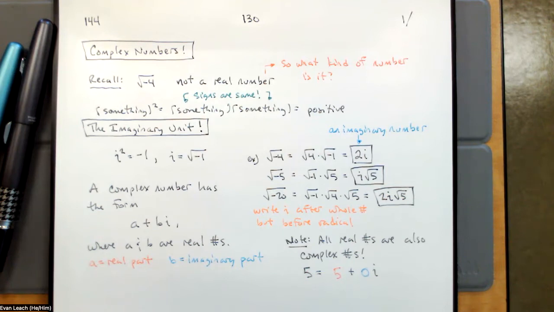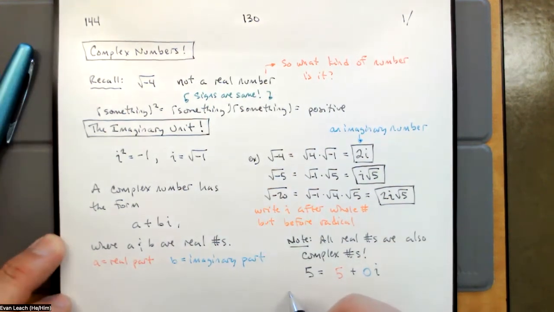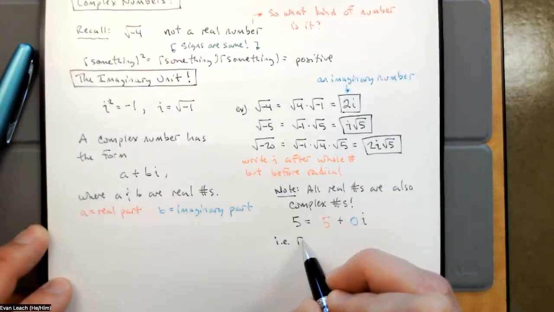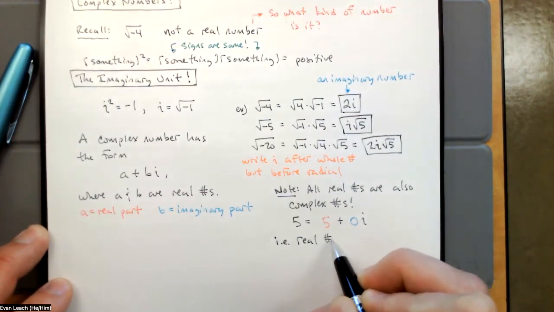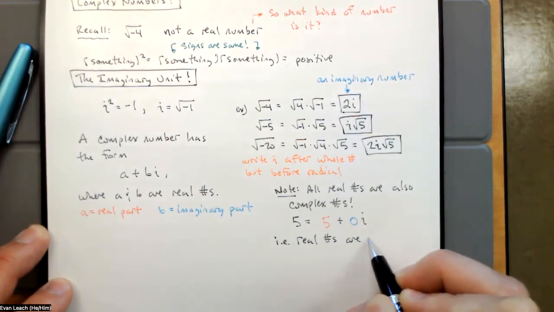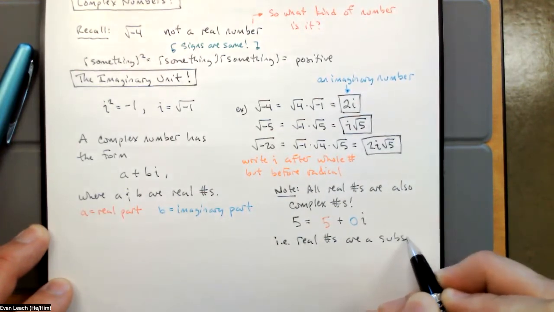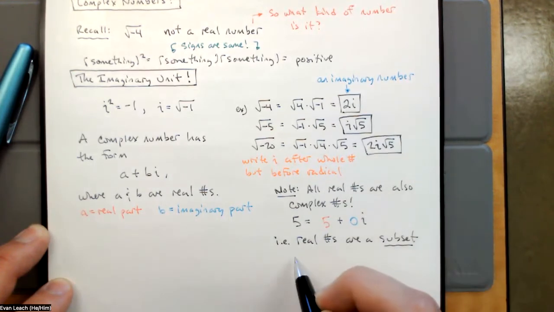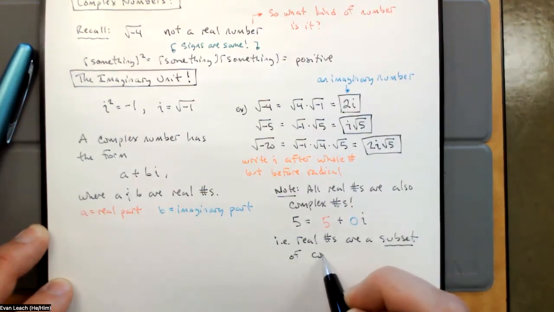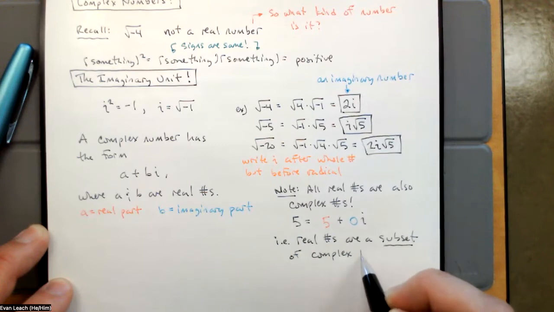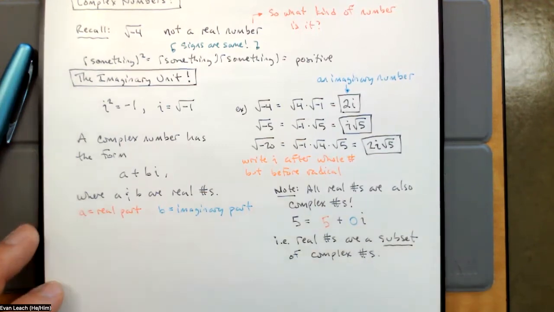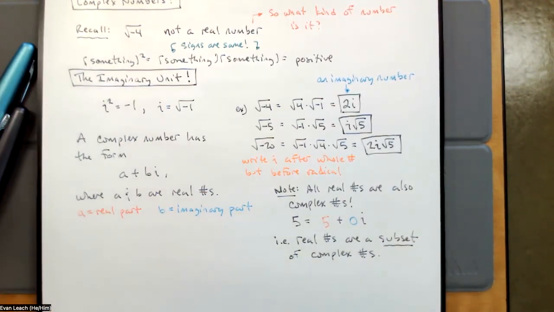So the real numbers are a subset of the complex numbers.